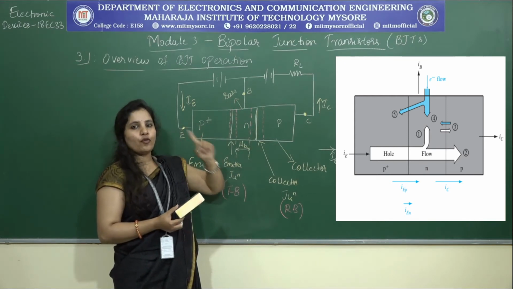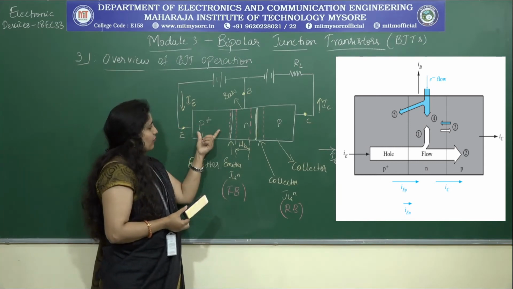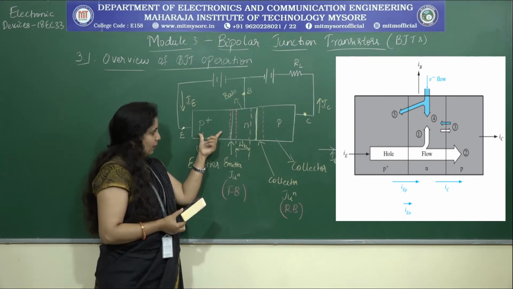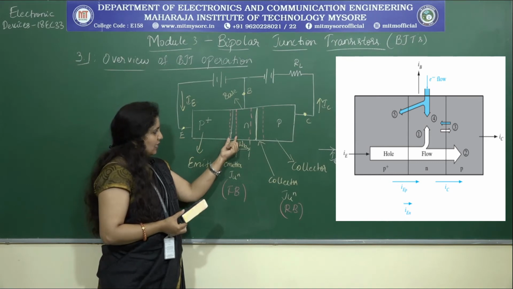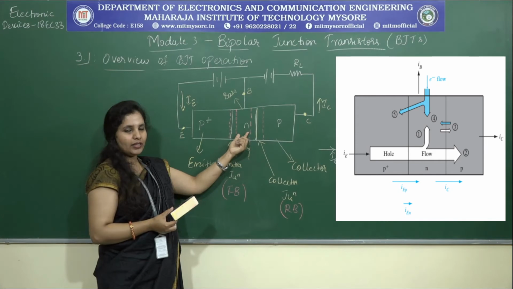Now the first and foremost reason here is, as I told, the holes present in the P plus region, since the emitter junction is forward biased, get injected into the N-type material.